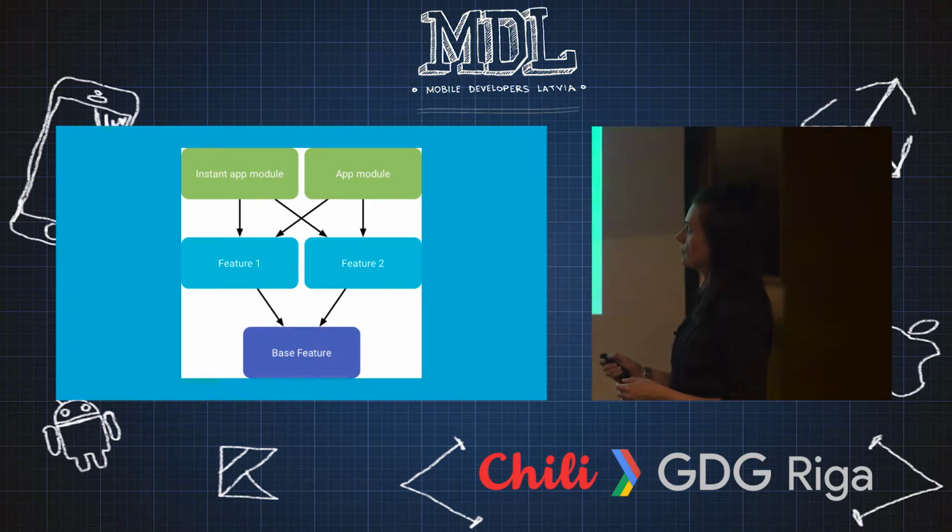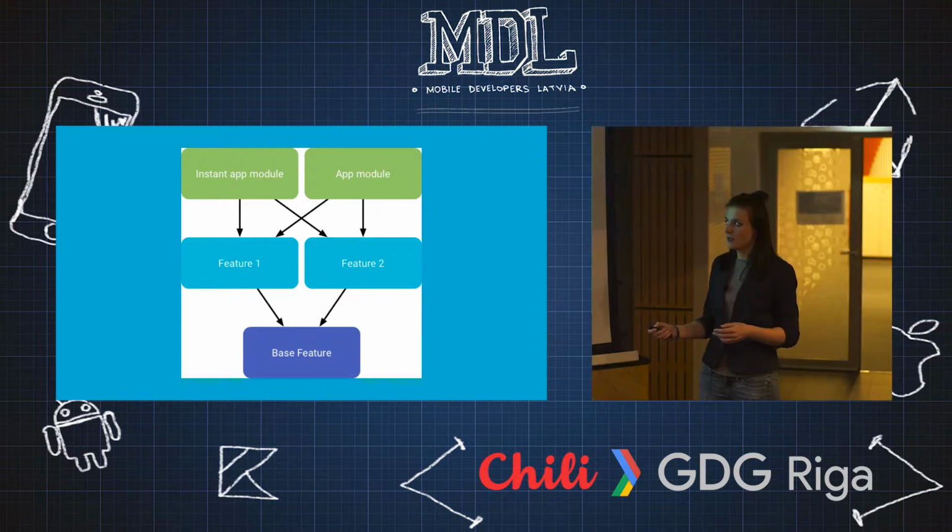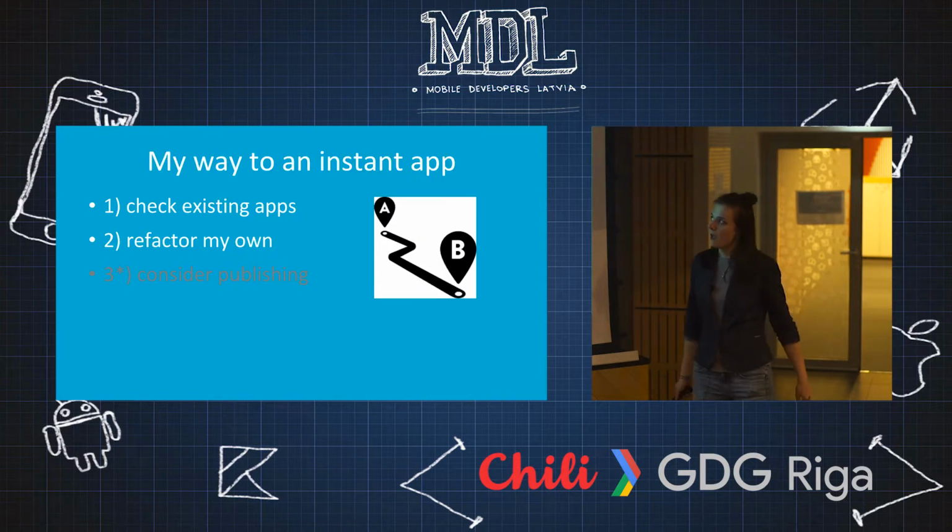An instant module is going to have usually one feature, and then there's going to be a feature per instant app, and each of them are going to have a base feature. So a base feature is shared across all the features. Then for our installable app, all the features are provided in the build. For instant app, there is one instant app per feature. Does it kind of make sense, or more or less? Okay.